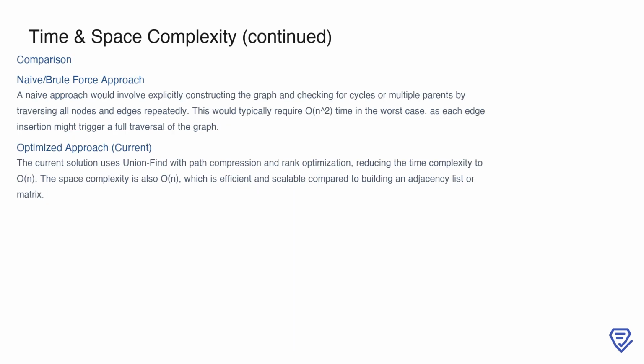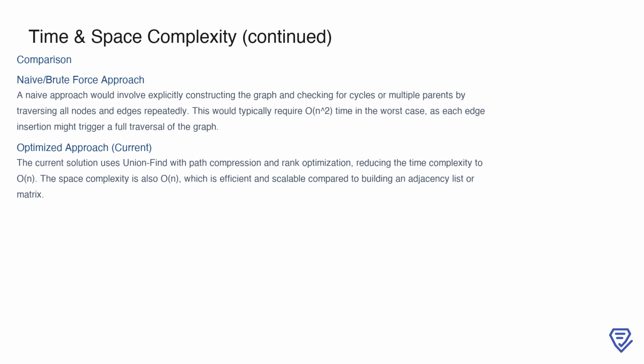When comparing approaches, a naive solution would involve explicitly constructing the graph and repeatedly traversing nodes and edges to check for cycles or nodes with multiple parents. This method could require O(n²) time in the worst case because each edge insertion might trigger a full traversal of the graph. In contrast, the optimized approach we've described leverages union find with path compression and rank optimization to reduce the time complexity to O(n).